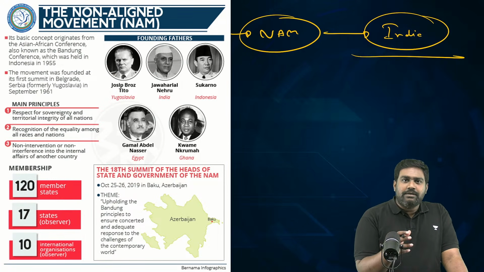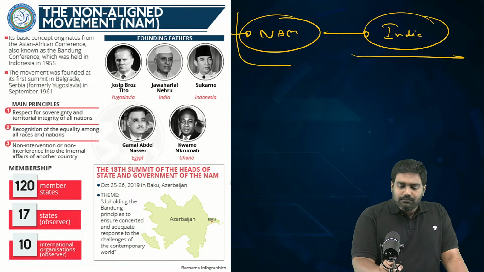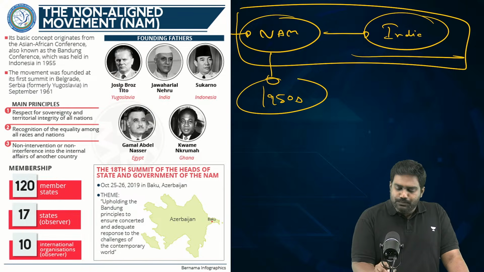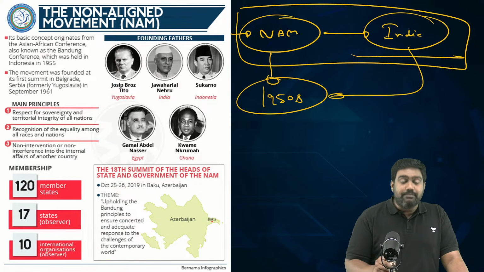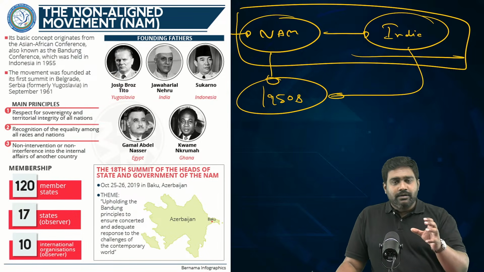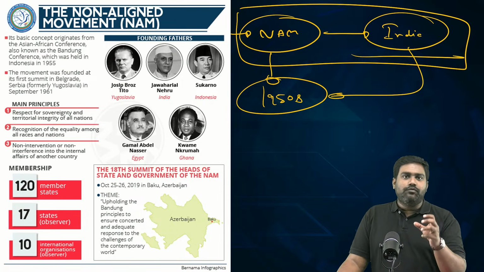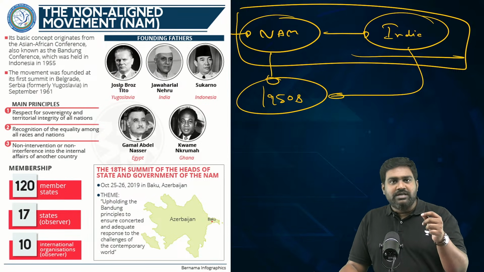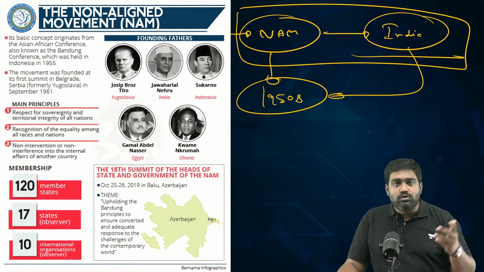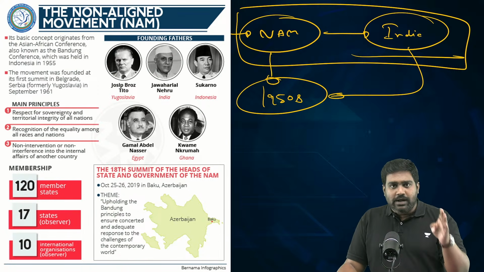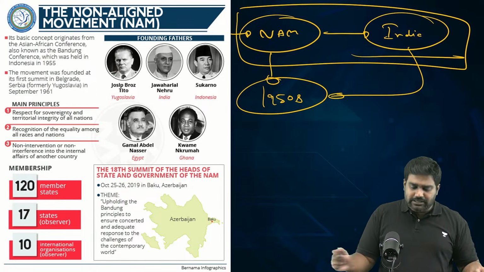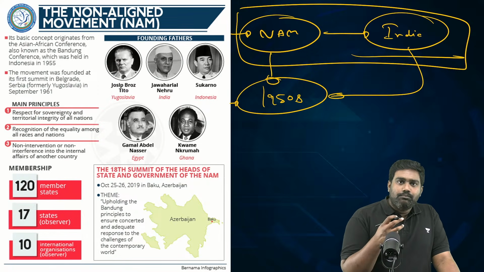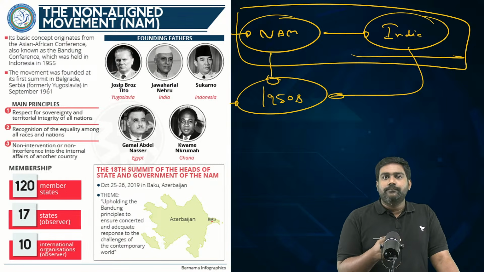Today, NAM might have become outdated and irrelevant, but back in the 1950s, this was India's biggest contribution to maintain stability in the world. Imagine, during the heights of the Cold War, the world was divided. The world was inching towards a third world war, a possible nuclear conflict. India was the one which gave leadership with other like-minded countries to bring a third neutral ideology, that is the ideology of non-alignment.